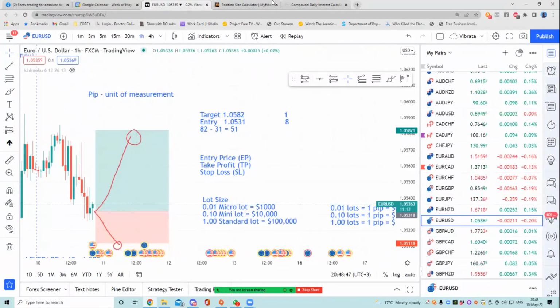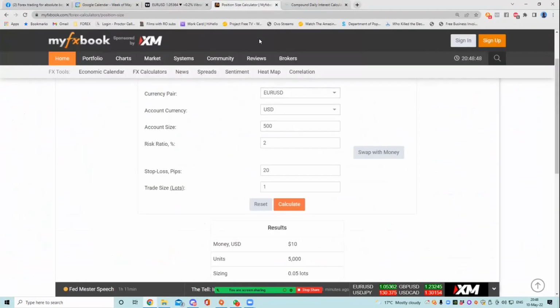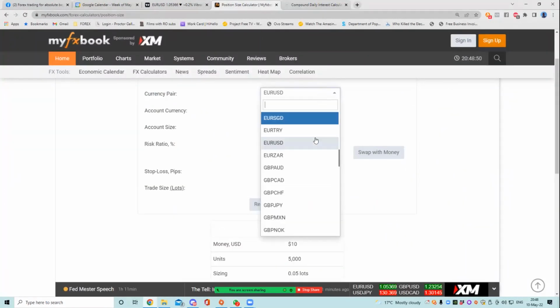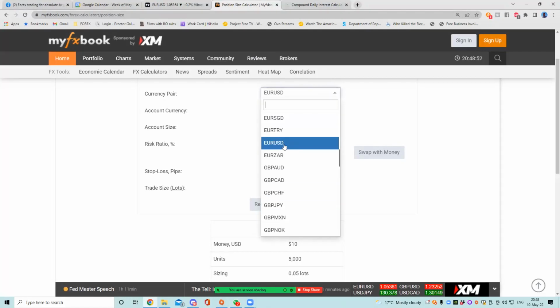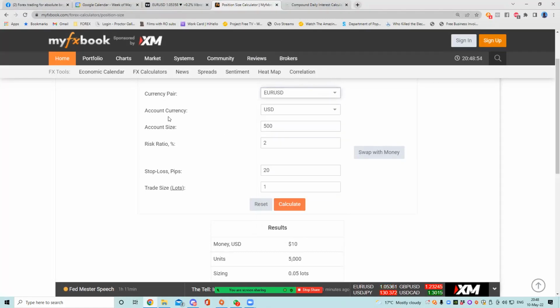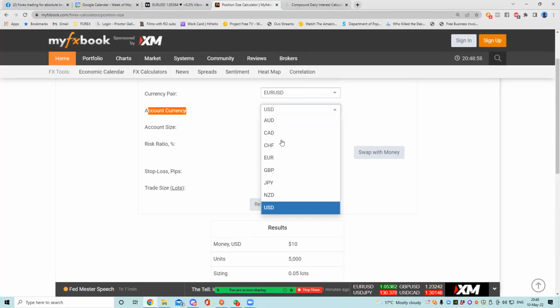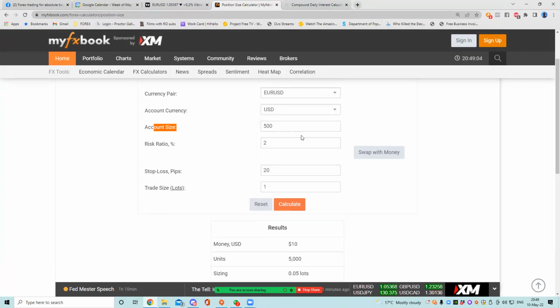We then come to our position size calculator, choose the correct currency pair from the list, in this case, Euro USD, put in the account currency of our actual trading account. It could be Euro, it could be pound sterling, or could be dollar, okay? Put in the size of our account, in this example, $500, put in the percentage in the risk percentage, and put in the stop loss.